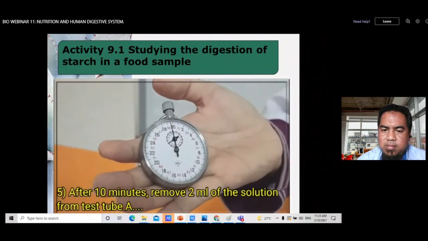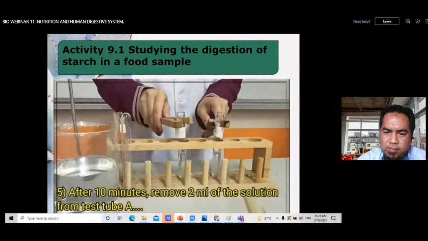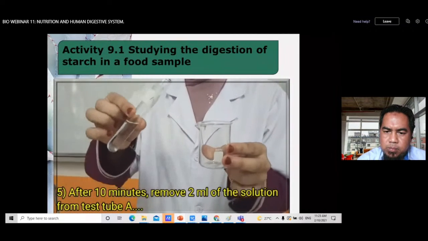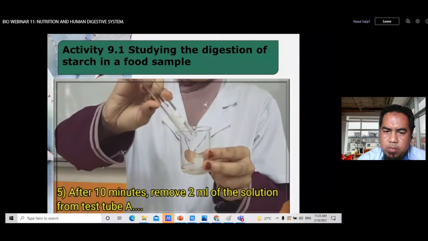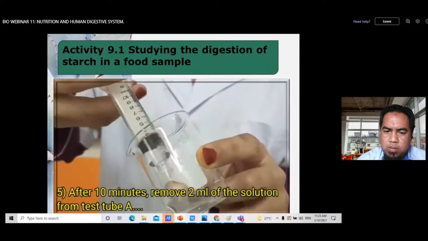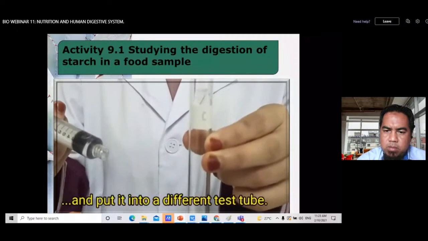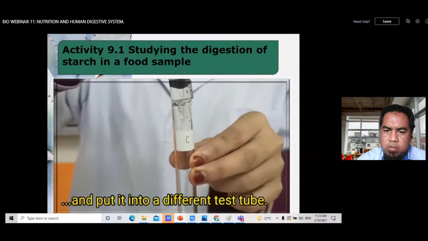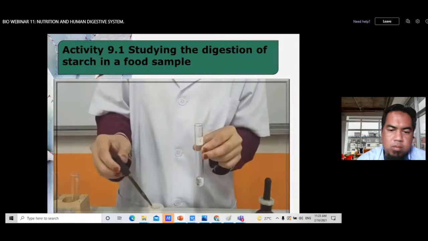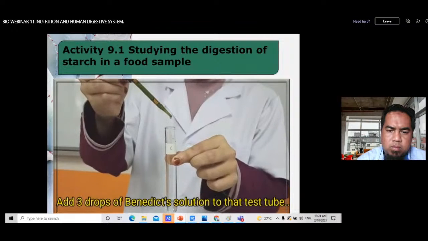After 10 minutes, remove 2 ml of the solution from test tube A and put it into a different test tube. Add 3 drops of Benedict solution to that test tube.